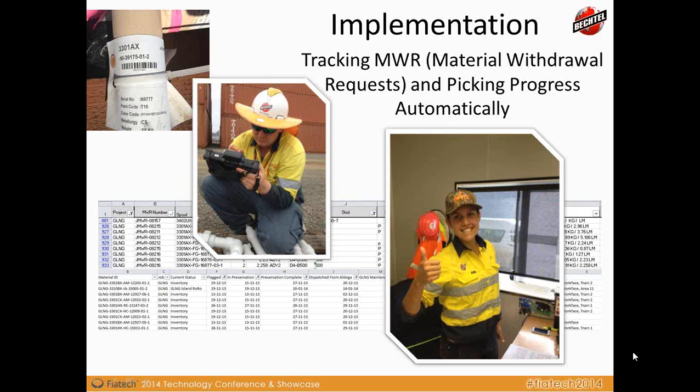That information is captured automatically, and then sent back to the main system a few times a day without needing a paper-based or a secondary system to deal with that.